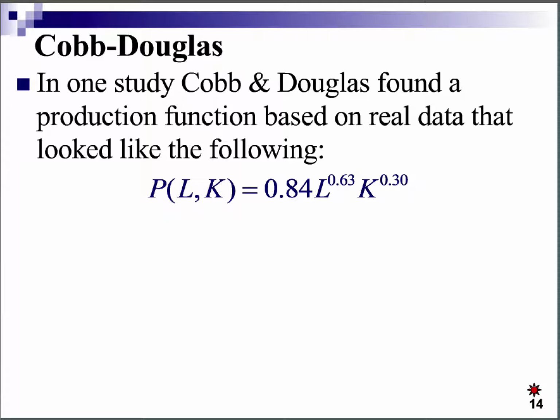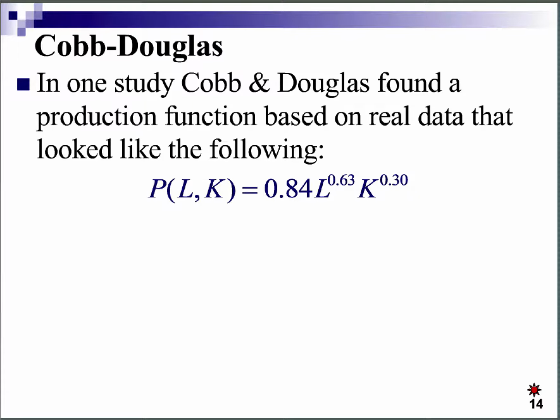Here's an example of a production function that Cobb and Douglas produced while looking at their data for the U.S. manufacturing sector around the year 1900. P of L, K is equal to 0.84 L to the power of 0.63, and K to the power of 0.3.